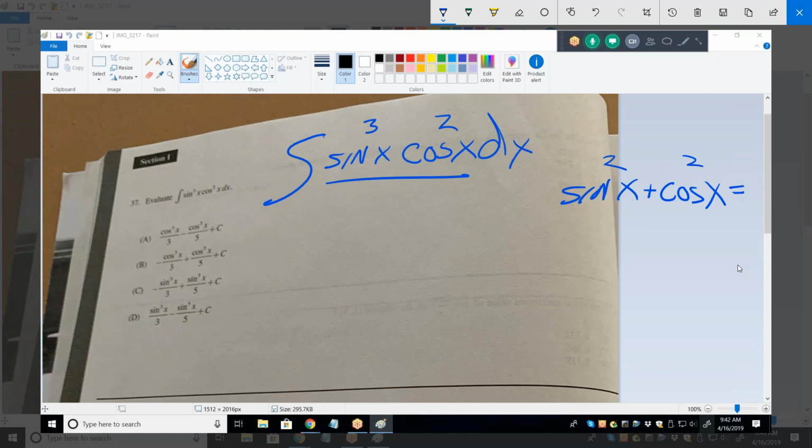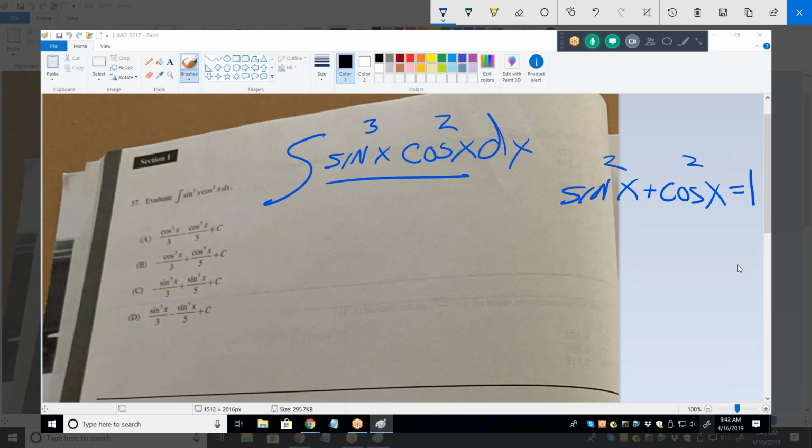Sine squared plus cosine squared. What's that equal to? That's the most important one you want to know, right there. Just equals 1, no matter what x is. x can be 30 degrees, x can be 29 degrees, x can be 110 degrees. It's always equal to 1.